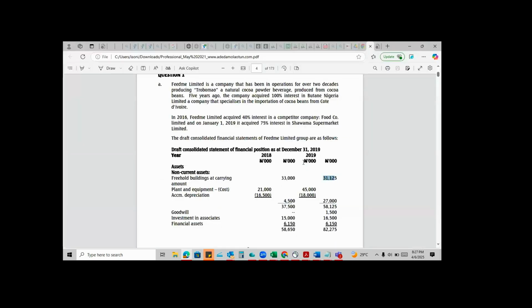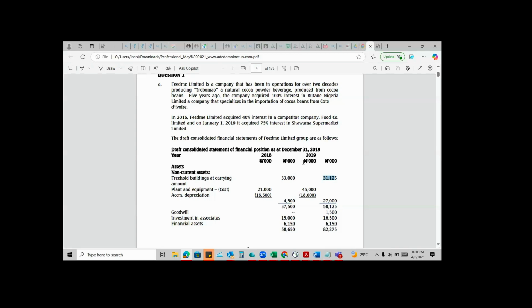First of all, does the additional information tell me of any disposal? Because if there is a disposal, I will need to credit it to the cost. The cost is like the asset, and the depreciation is like the liability. So the cost of the asset that was disposed will first of all be deducted from the cost, and then the accumulated depreciation of the disposed assets will also be deducted from the accumulated depreciation. So that can also impact the accumulated depreciation.